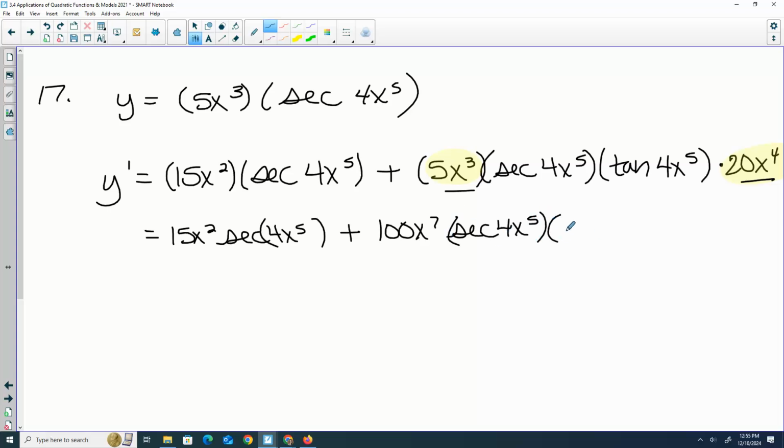Again, parentheses are optional, they just help us see a little better what we have here. Are you ready for 18?